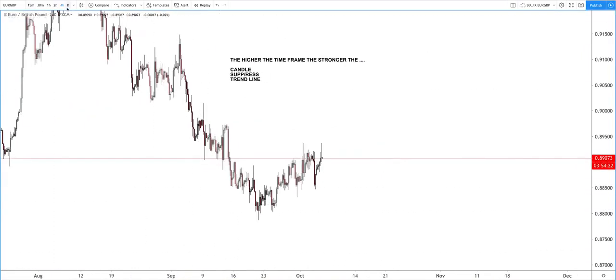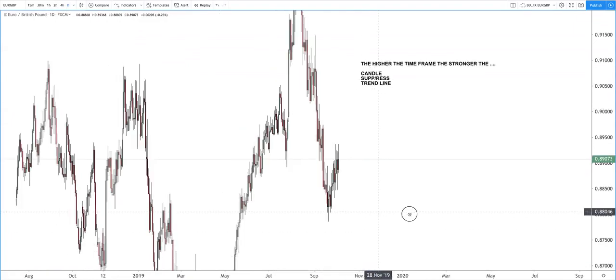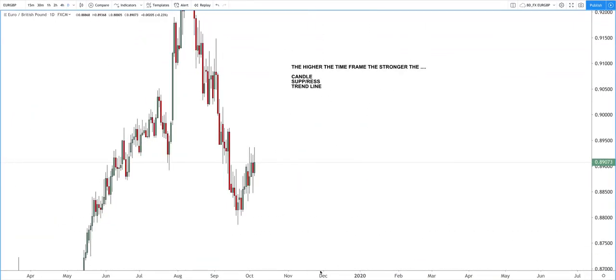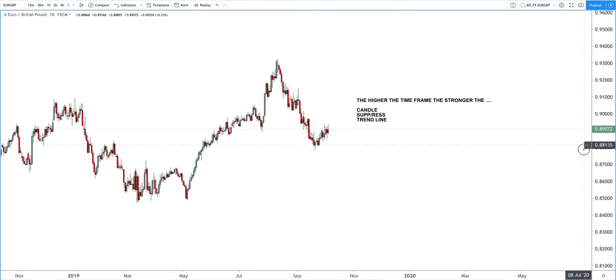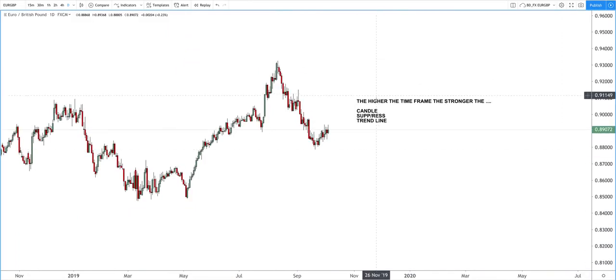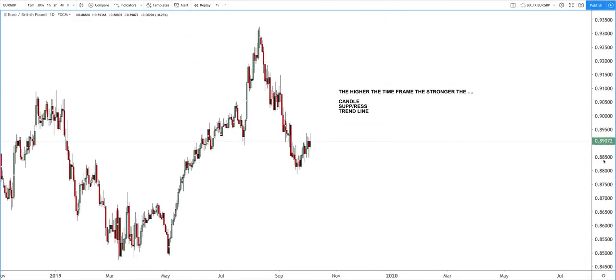If you're seeing a candlestick on the daily chart, it's stronger than on the 4 hour, the 1 hour, and 30-minute, and so on. Same thing with a trend line. If you see a trend line on a weekly chart, it's much stronger. There's more probability. Again, when we talk about probability, we go from having a 50-50 chance.